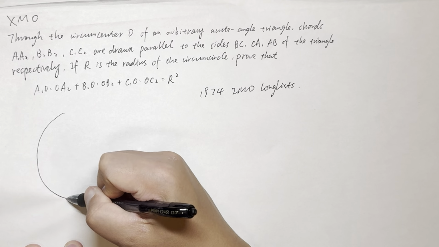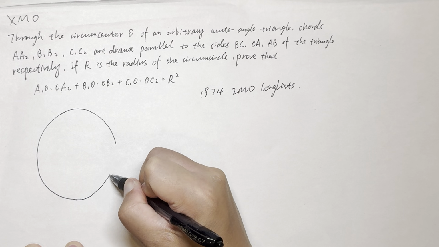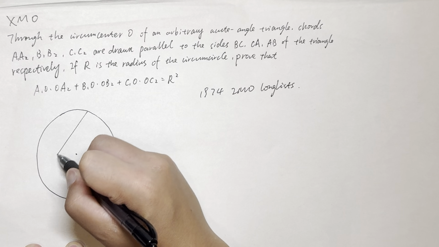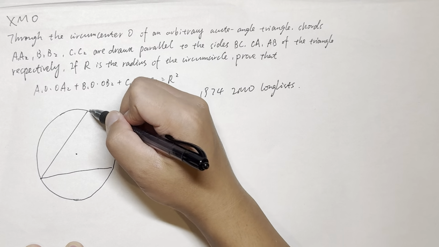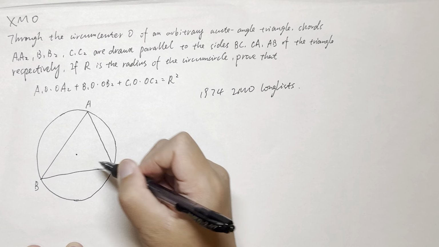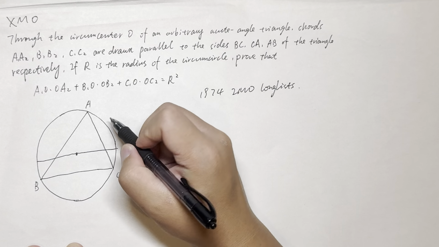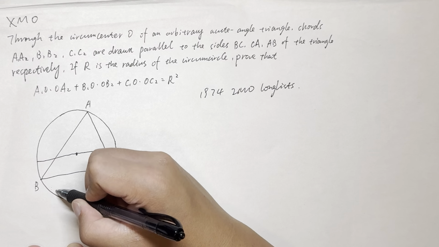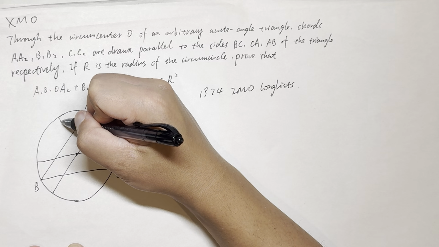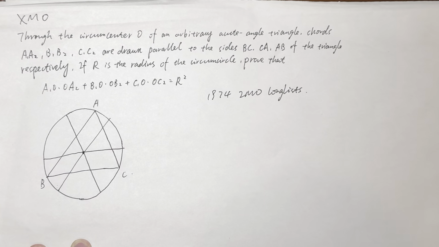So we have this circumcircle and we have the triangle ABC, and we know that we have three parallel lines that are passing through the center O. Right?